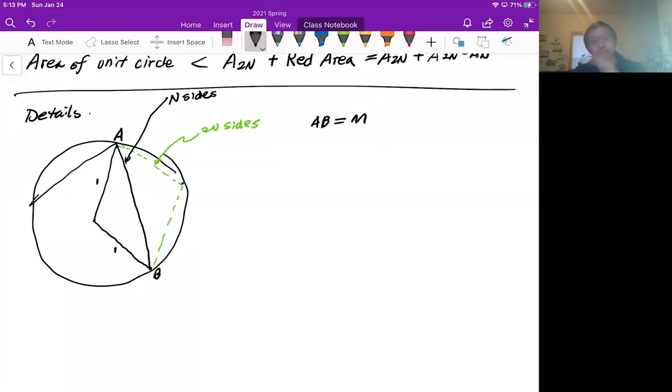Suppose this is the previous regular polygon. I want to find that small m here. So this is a side here, this is a side here, m is here.